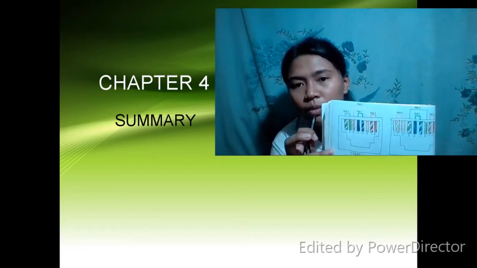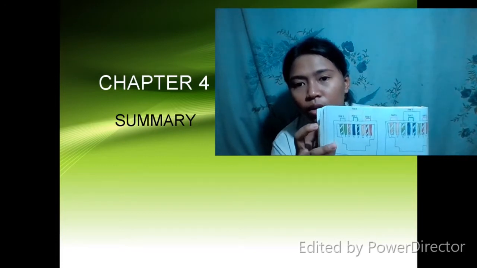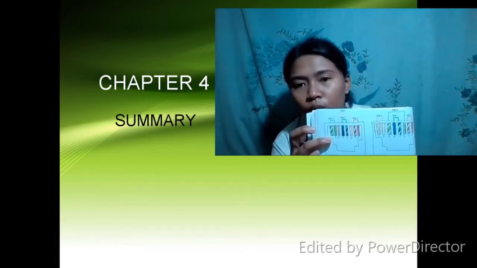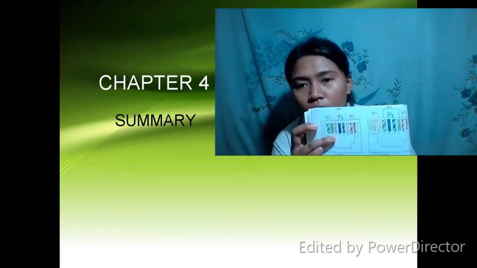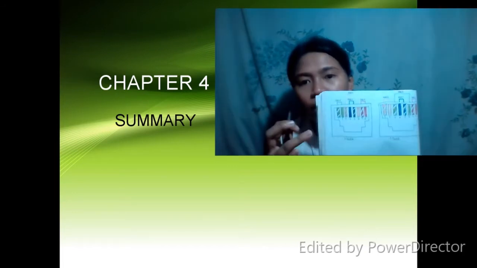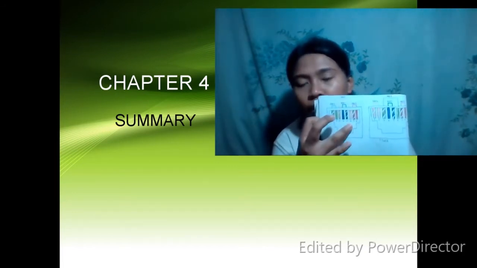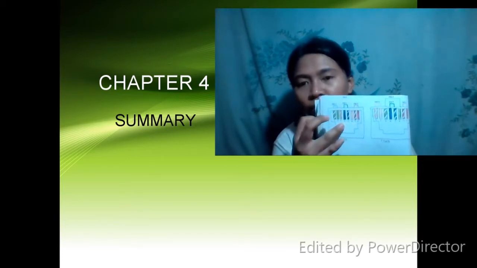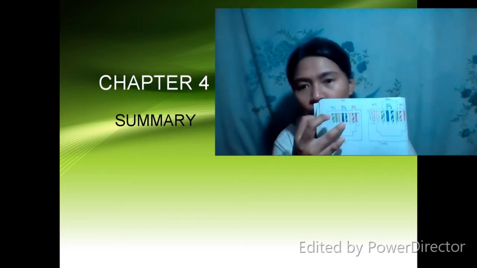In T568A, the green stripe color is on pin 1 and the pure green is on pin 2. And the orange, and the other orange in the middle of it, is pair 1, which is the blue color.